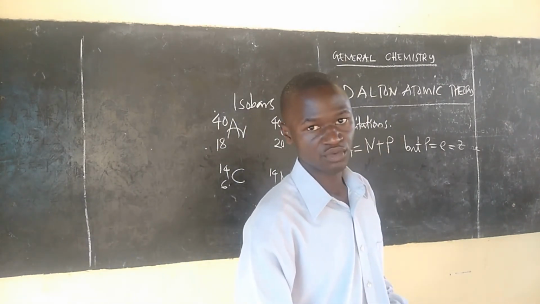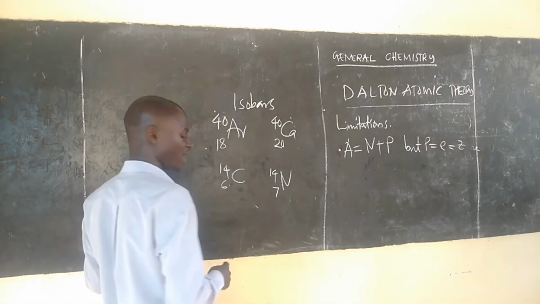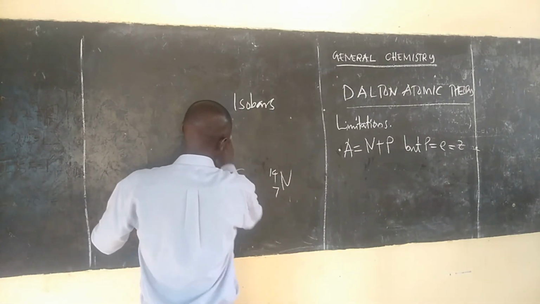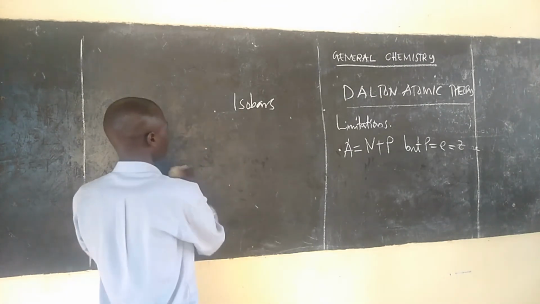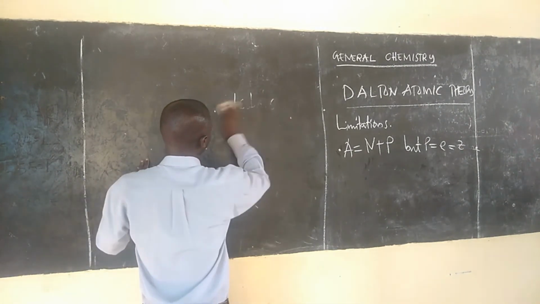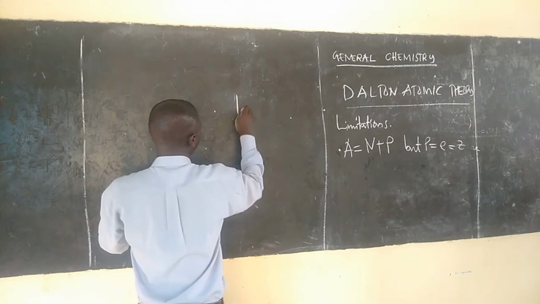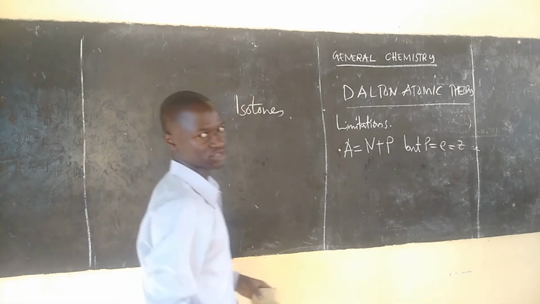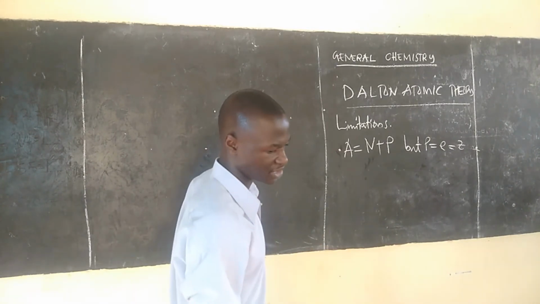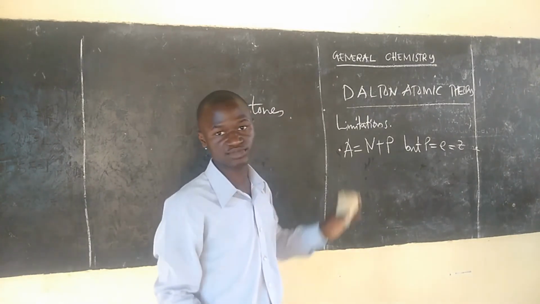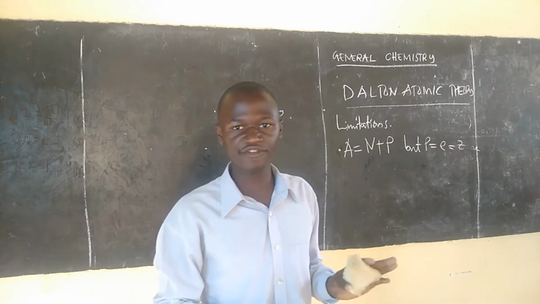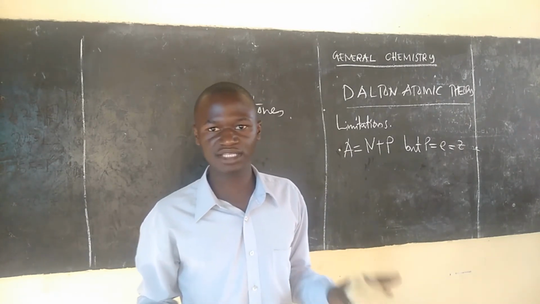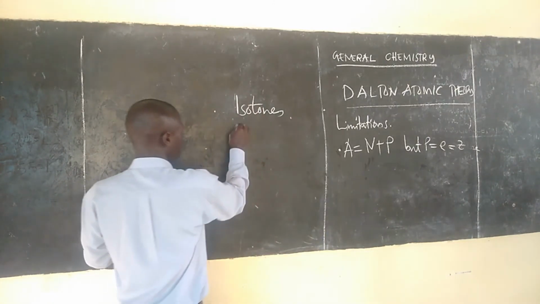But also, we have existence of what we call the isotons, which we will discuss in detail later. Isotons. These are the atoms of different elements, having different atomic number and different mass number, but the same number of neutrons.